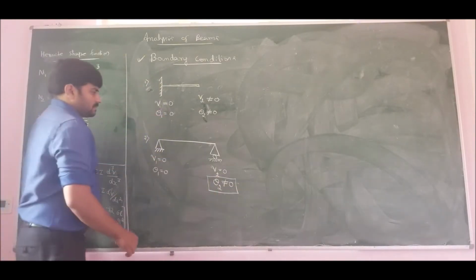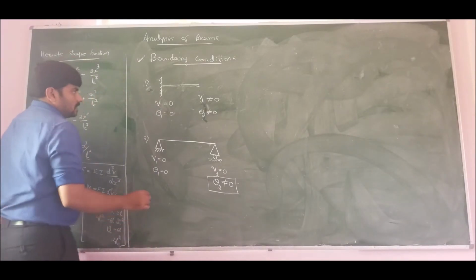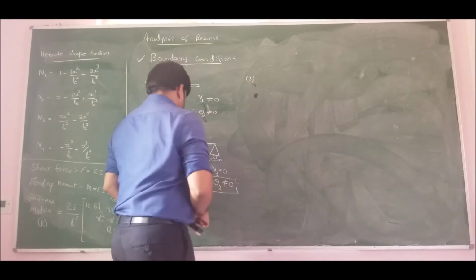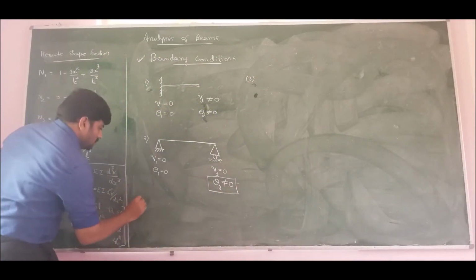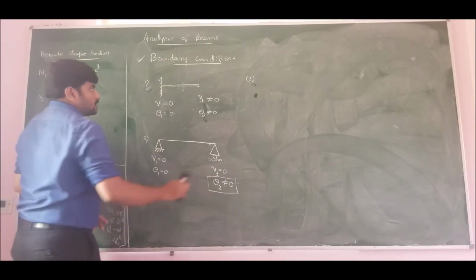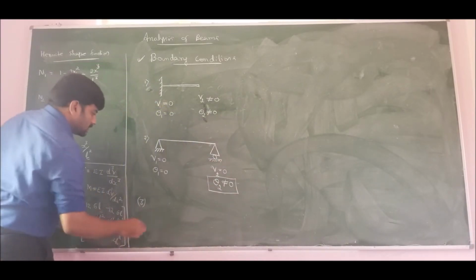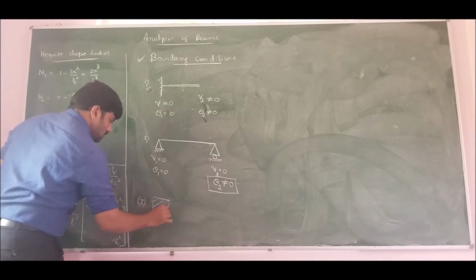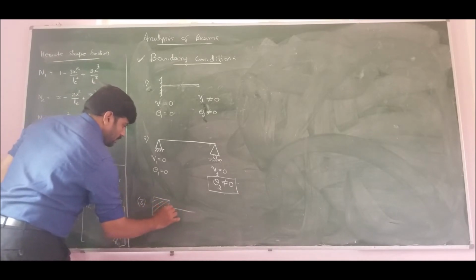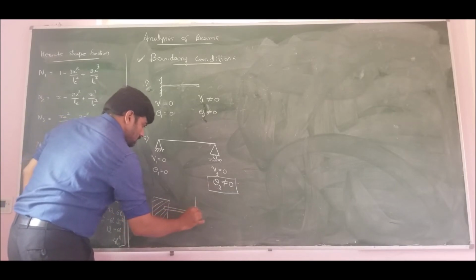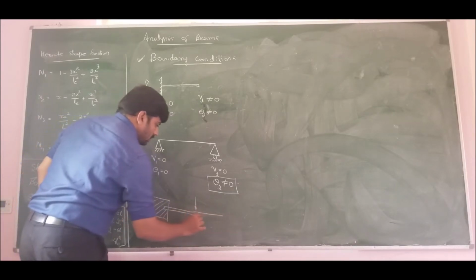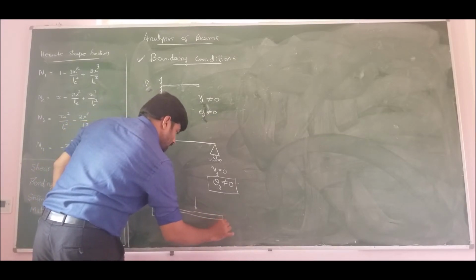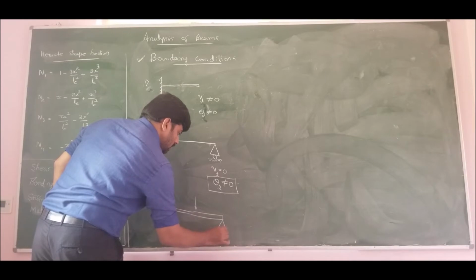The next variety is if you have problems involving all types of boundary conditions, such as one end completely fixed, the other end applied with a point load, and one more point fixed partially with the help of rollers.